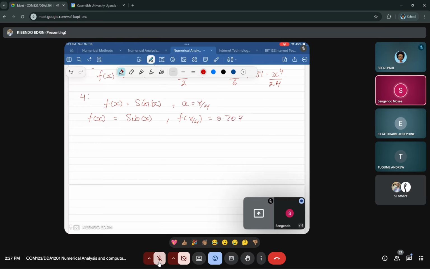Yes, but I prefer you use root 2 over 2 or 1 over root 2, because that value you're writing has been rounded off. Yes. But root 2 over 2, you have not rounded off.